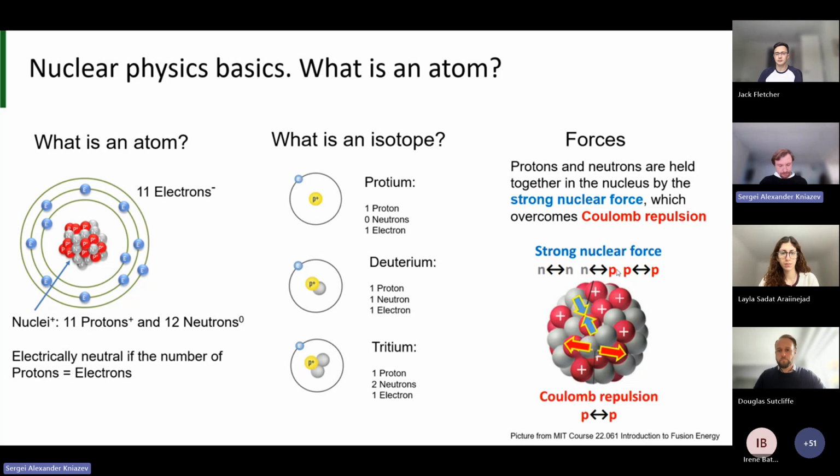The strong nuclear force is extremely powerful at very short distances, and this is the force which holds the nucleus together. And the Coulomb repulsion happens between positively charged protons, because they have the same sign. So they naturally repel each other.